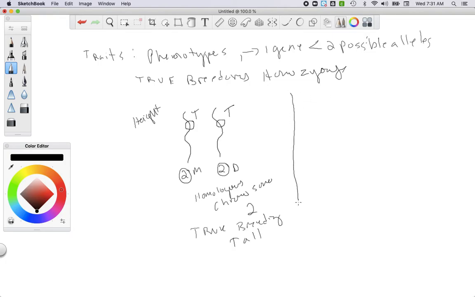Now, over here, we've got a different pea plant. And if we look at chromosome 2 from mom, chromosome 2 from dad, we see that this homologous chromosome 2 is a true breeding short.